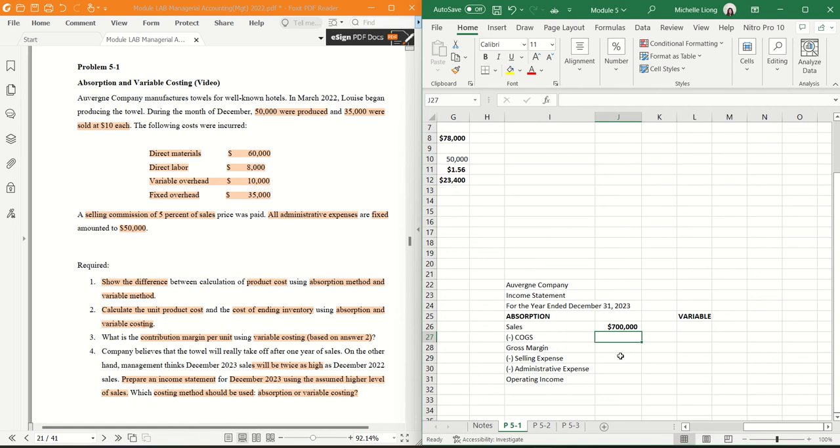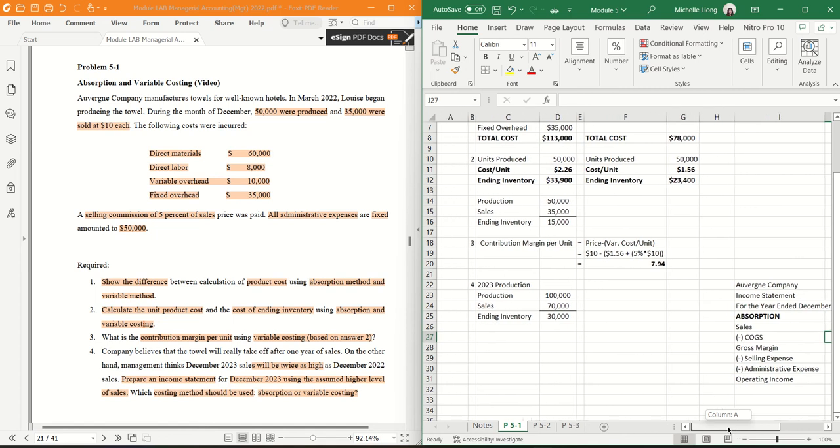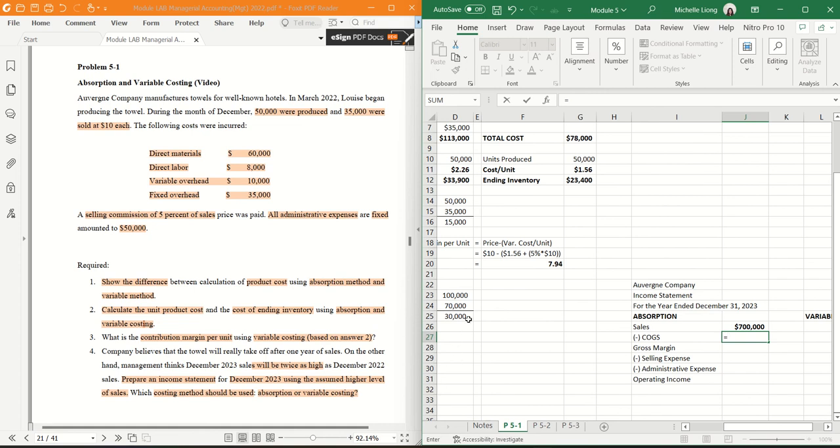Okay, for the cost of goods sold, we need to find it, which is your sales times with your cost per unit.